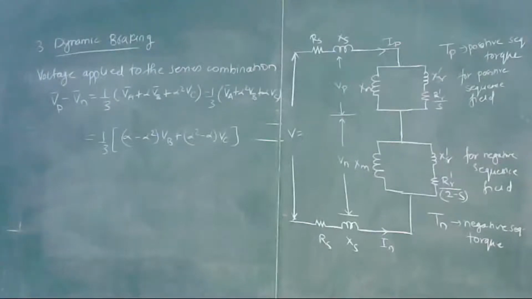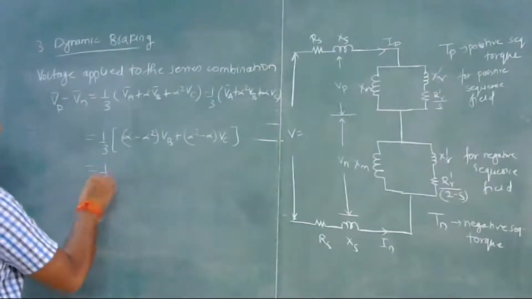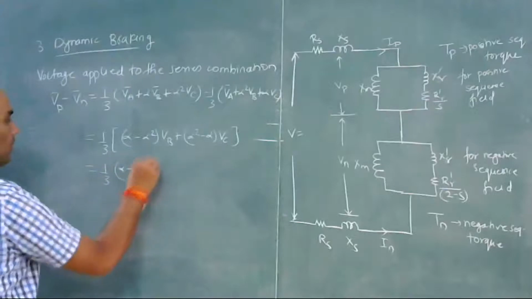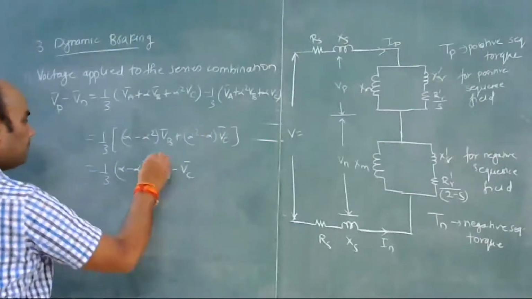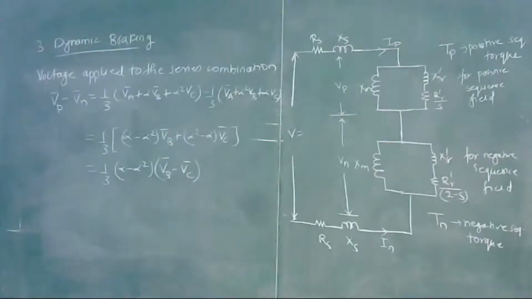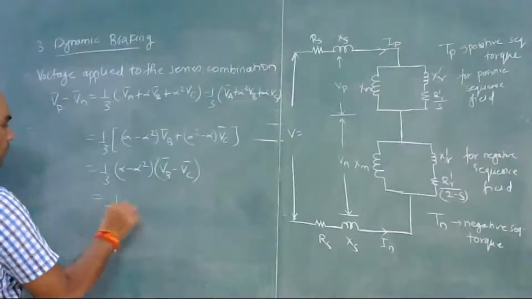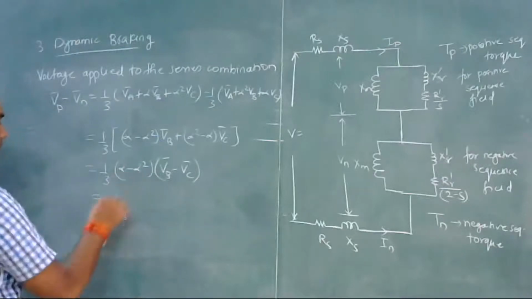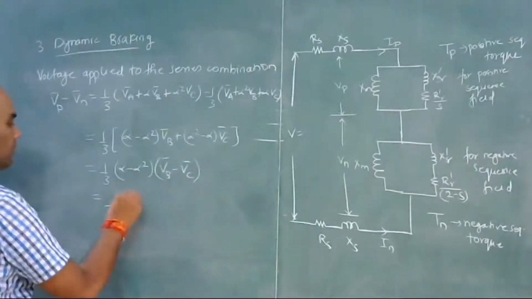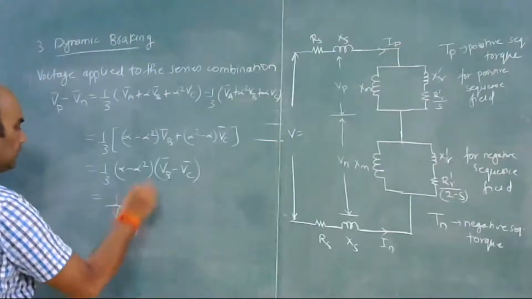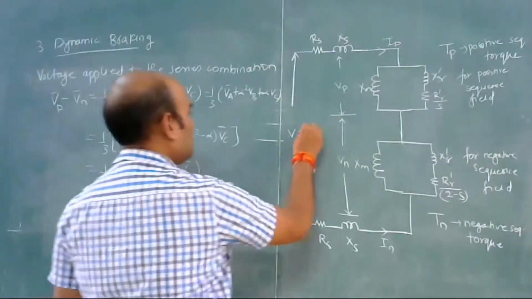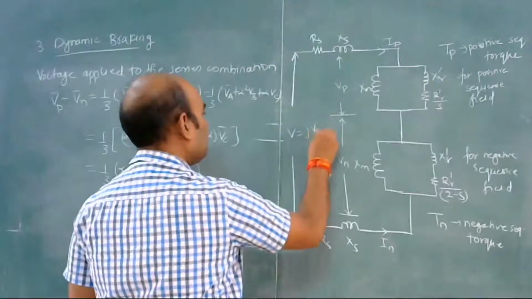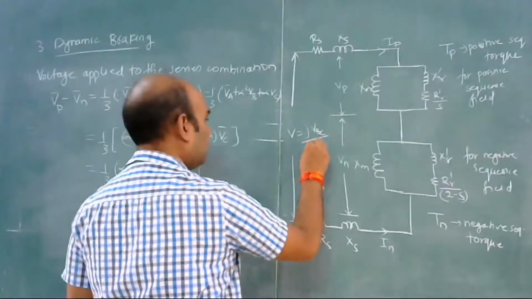And this can be written as 1 upon 3 of alpha minus alpha square times VB minus VC. And this is J by root 3. We have calculated it, and this will be V, equal to J VBC line voltage divided by root 3.